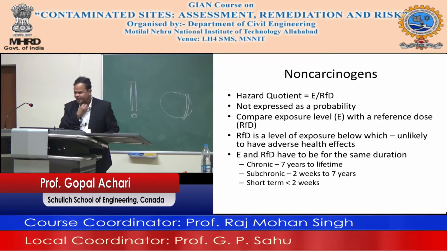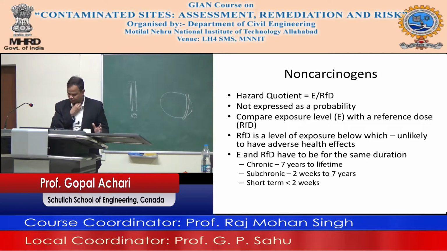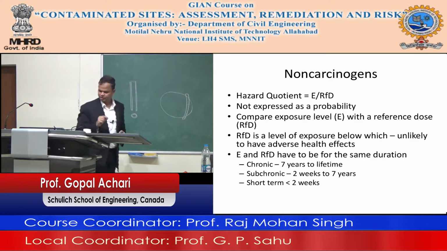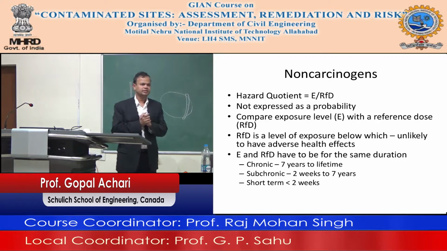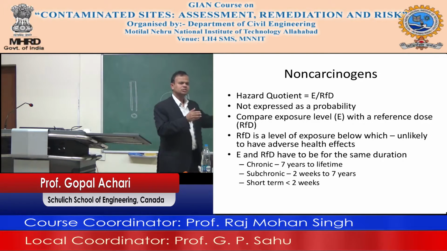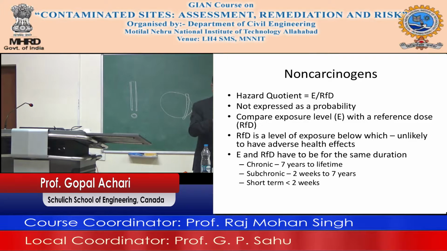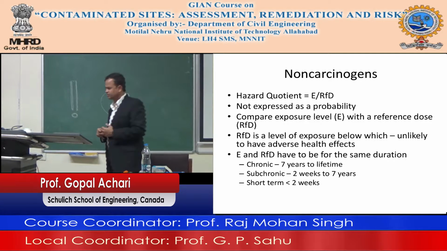You compare the exposure level to a reference dose. The reference dose is the level of exposure below which it's unlikely to have an adverse health effect. So if I take an amount below this, I'm not expected to have any health effect. It's a reasonably conservative number. You can look up a table for the reference dose for certain things.